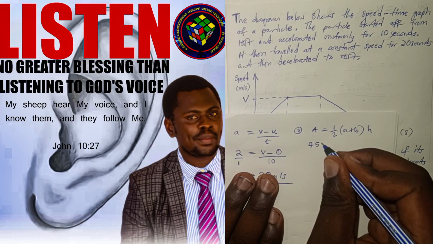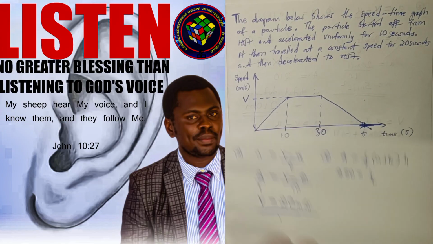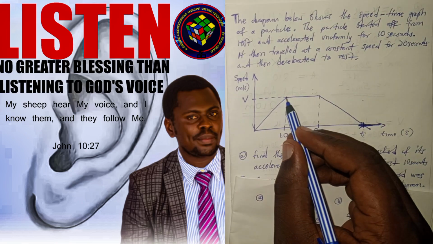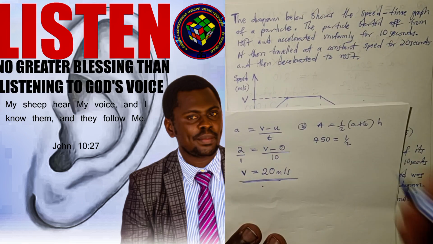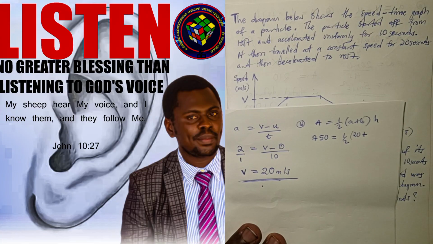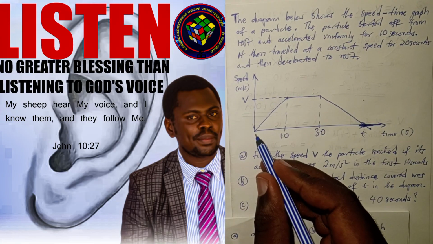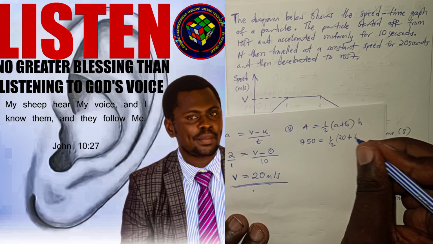So we have 750 is equal to 1 over 2. a will be from 10 to 30. So that is 20. So we have 20 plus b, that is the base from 0 to t. So there is t.